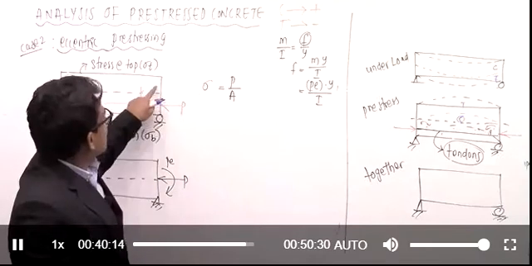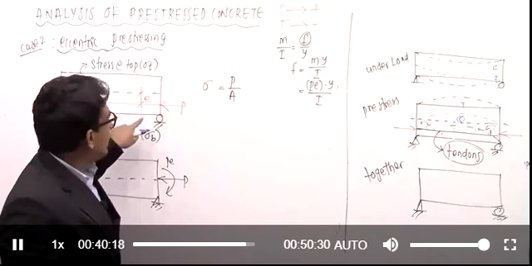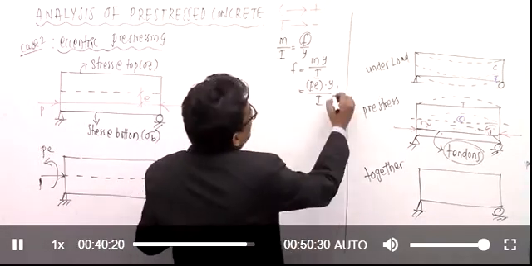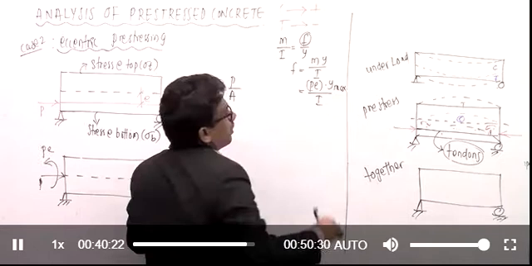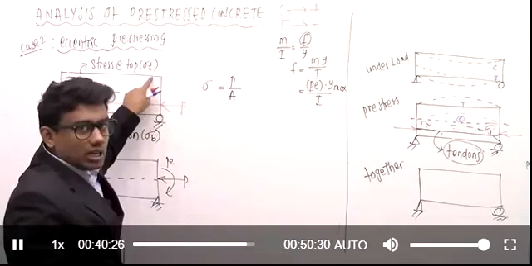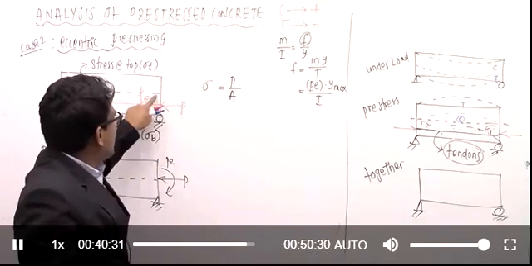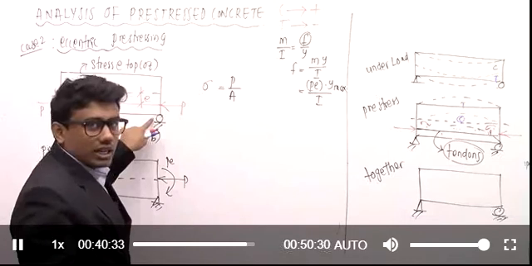See, as I am calculating the stress at the extreme fibers, I can consider M as M max, correct or not? Y as Y max. Why am I considering this? I am considering the stress at the extreme top fiber, and I am calculating the stress at the extreme bottom fiber.